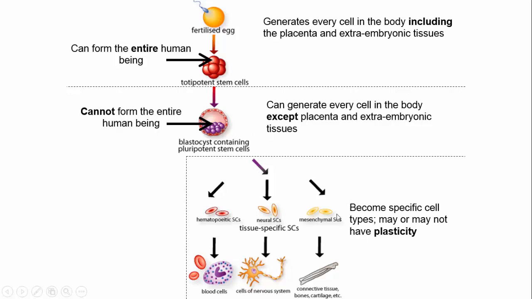Once you get down to the inner cell mass of the blastocyst, they're pluripotent because they cannot form an entire human. They can generate every cell in the body, but they cannot generate the placenta or the extra embryonic tissues. So that's the potency they lost at that stage. Once it differentiates further, you have cells that are called hematopoietic stem cells or neural stem cells or mesenchymal stem cells. These cells here are more multipotent. They have lost some of their plasticity. Plasticity is almost a synonym for the word potency, honestly. So saying, like, what could they turn into? And so hematopoietic stem cells can turn to different things, but they can only turn to different types of blood cells.